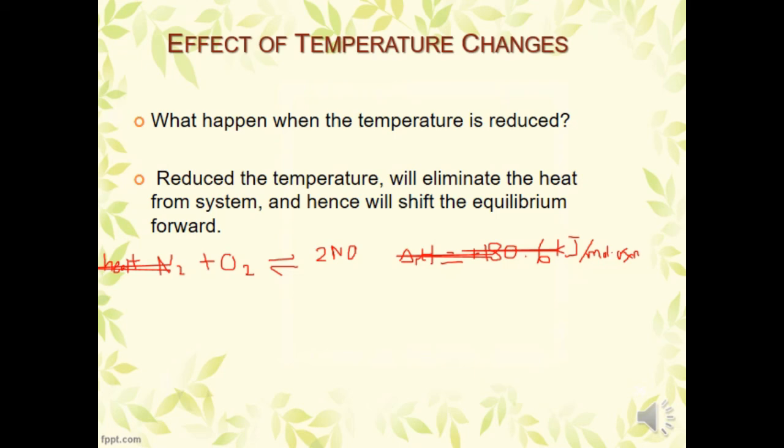Based on the Le Chatelier principle, when heat is applied, the system will counteract. So heat is added, and it will proceed to the formation of nitrogen oxide in order to reduce the heat.